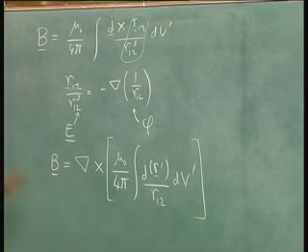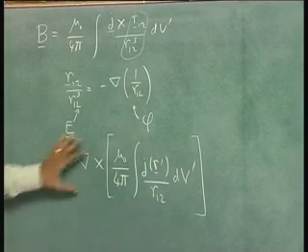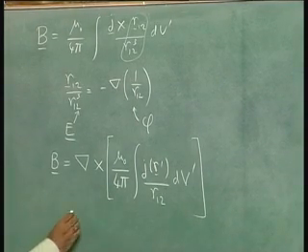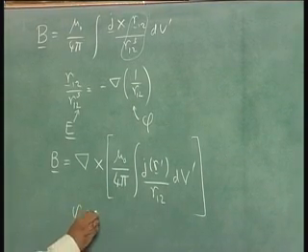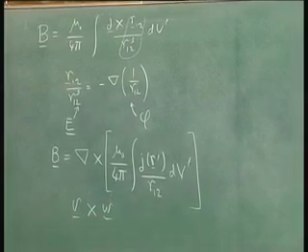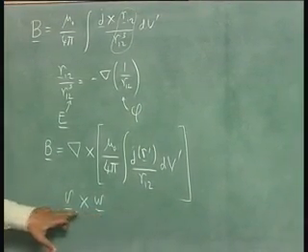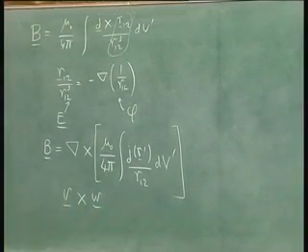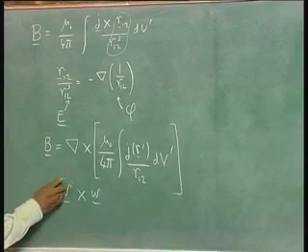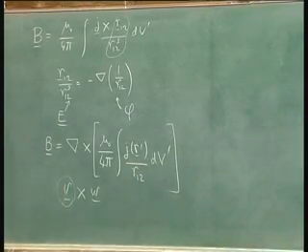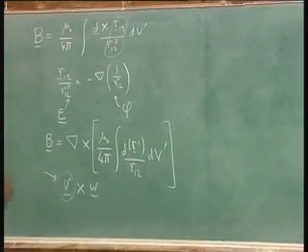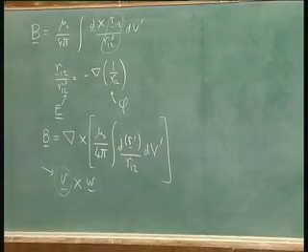And what exactly is this curl? This curl is nothing but you take the vector product, cross product of two vectors, and you replace the first one by the operator gradient.